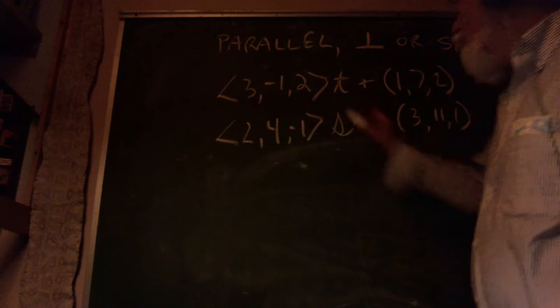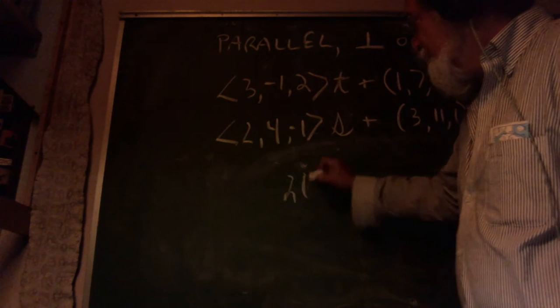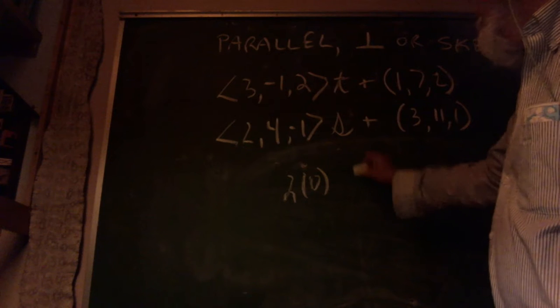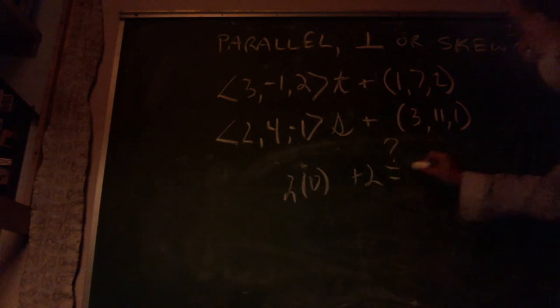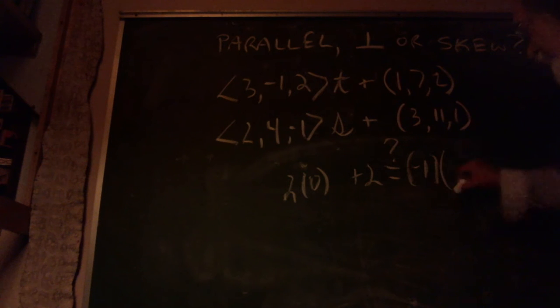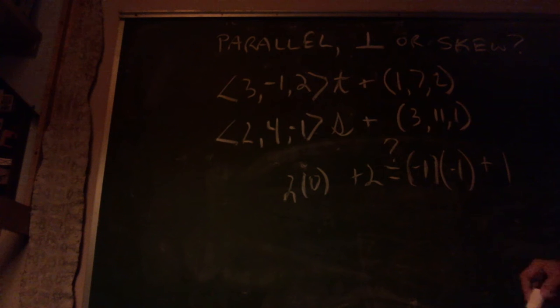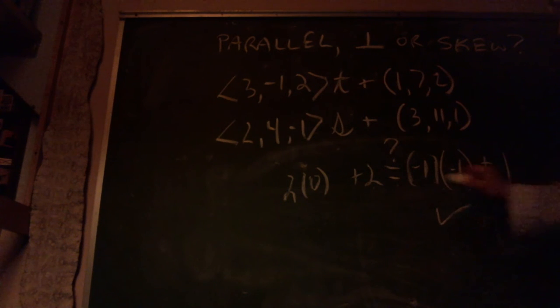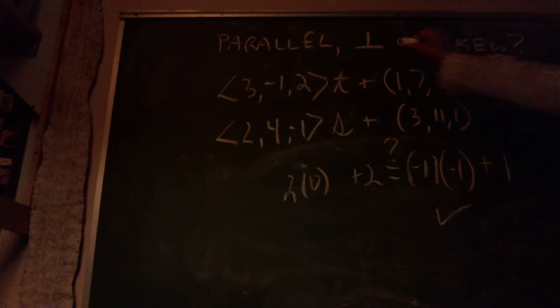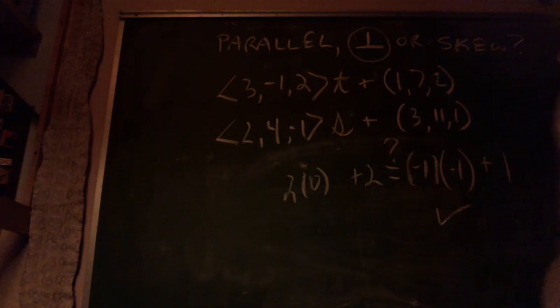So for the z coordinate, 2 times 0 plus 2, we wonder if it equals -1 times s, which is itself -1, plus 1. So we have 2 equals 1 plus 1, check. So the answer is they are perpendicular. The lines meet and meet at right angles.